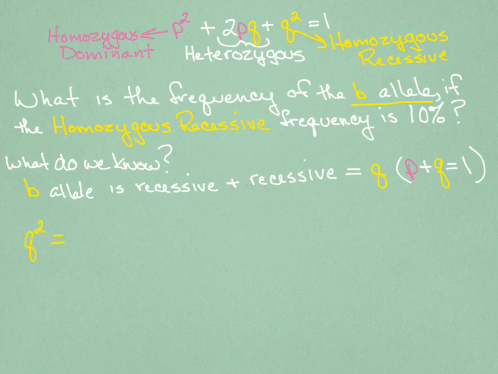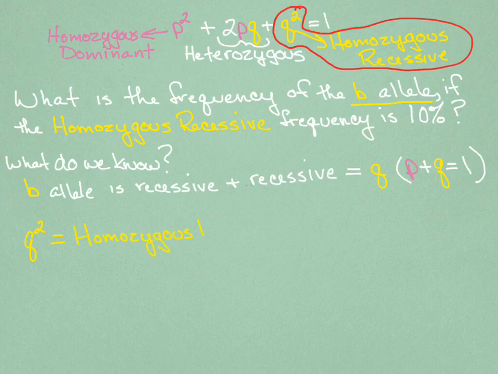We also know that Q squared stands for the homozygous recessive genotype. And we know that homozygous recessive in this problem equaled 10%. So that's what we know.